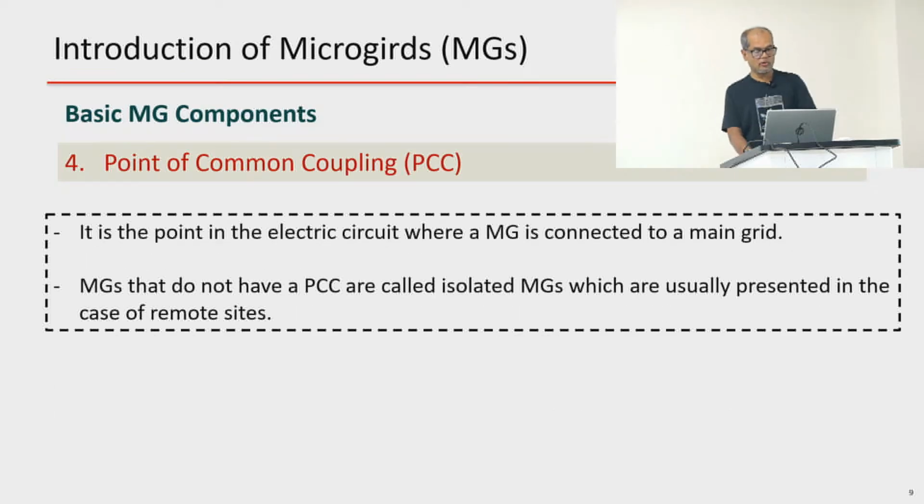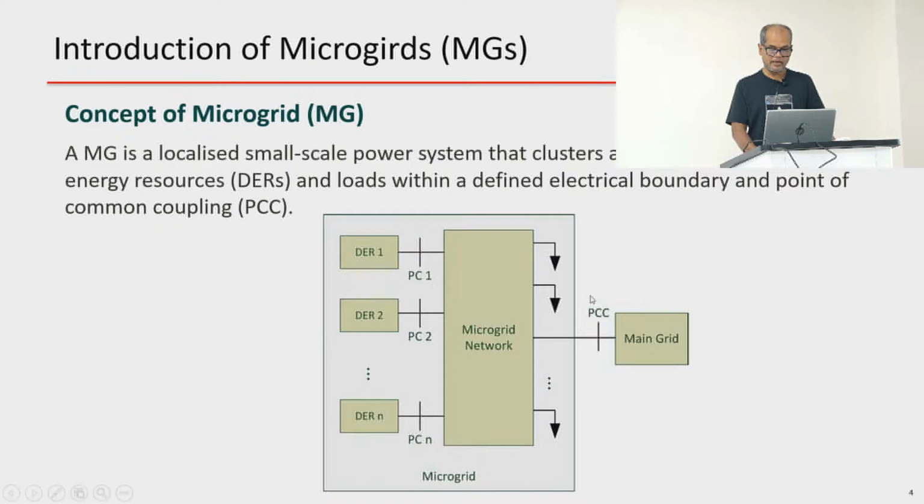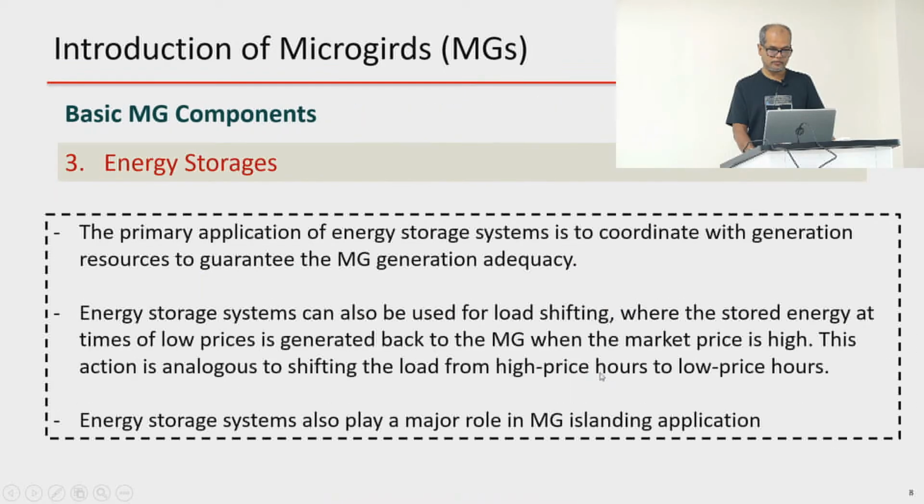The point of common coupling, probably this is a word we use many times, is the point where the microgrid is connected with the main grid. This point we call the point of common coupling.